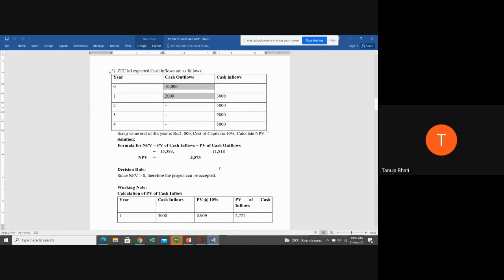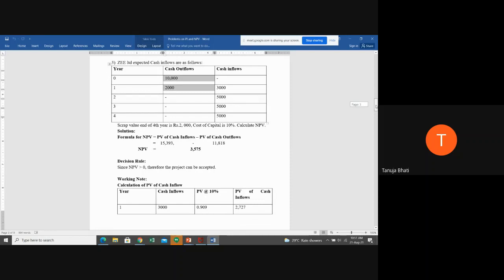Is it clear why we have not written 12,000 directly? Yes, okay. Since the formula says present value of cash outflows, it doesn't say PV of cash inflows minus cash outflows. It's a present value of cash outflows.